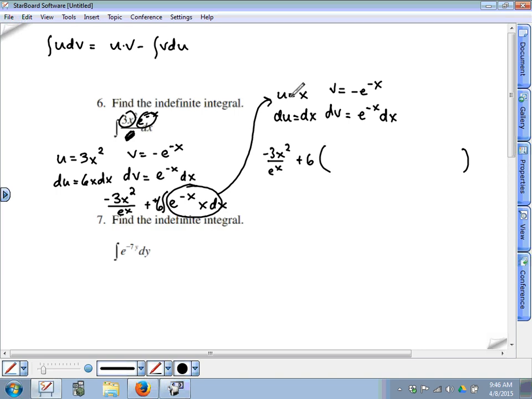So we need u times v, so this is x over e to the x, which needs a negative sign there, minus the integral of v. Now v has a negative sign, I'm going to pull that out front. So we have e to the negative x, and then du is dx, so that becomes plus.